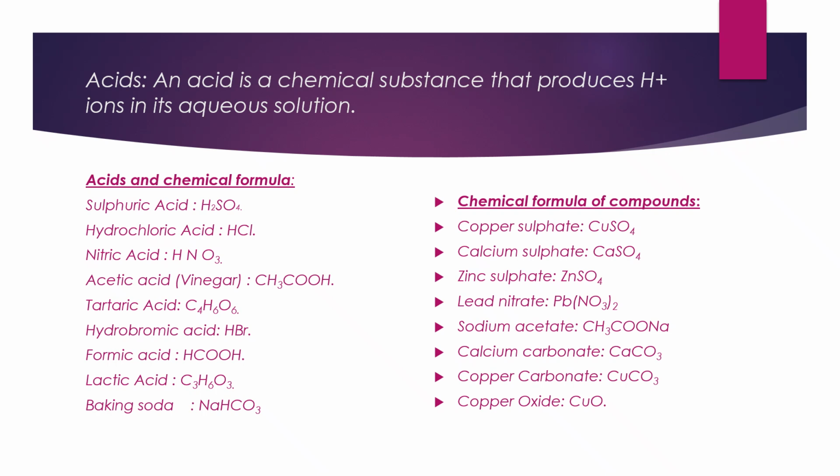Though it is in this list, it is a very weak acid. Then tartaric acid is there, then other acids are there. This is very important. Some compounds are also there. You can see copper sulfate, CuSO4, calcium sulfate, CaSO4, zinc sulfate, ZnSO4, sodium acetate, CH3COONa. All these things are there, so you have to learn them.